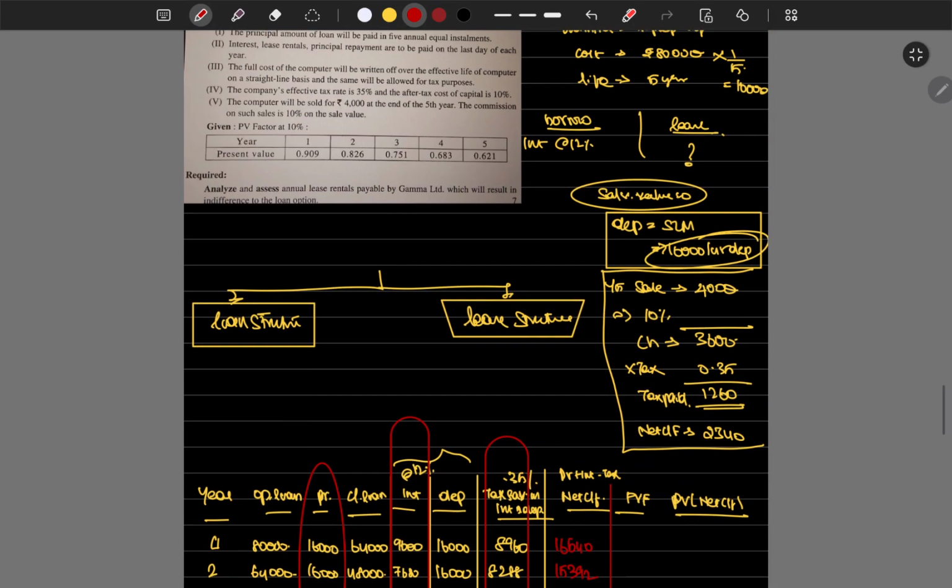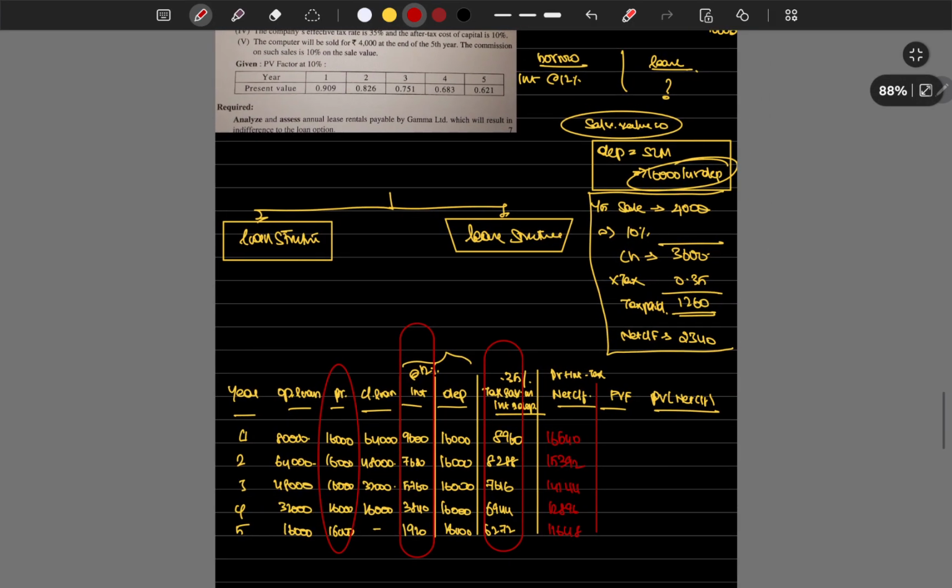The PV factors are given in the question itself: 0.909, 0.826, 0.751, 0.683, 0.621.